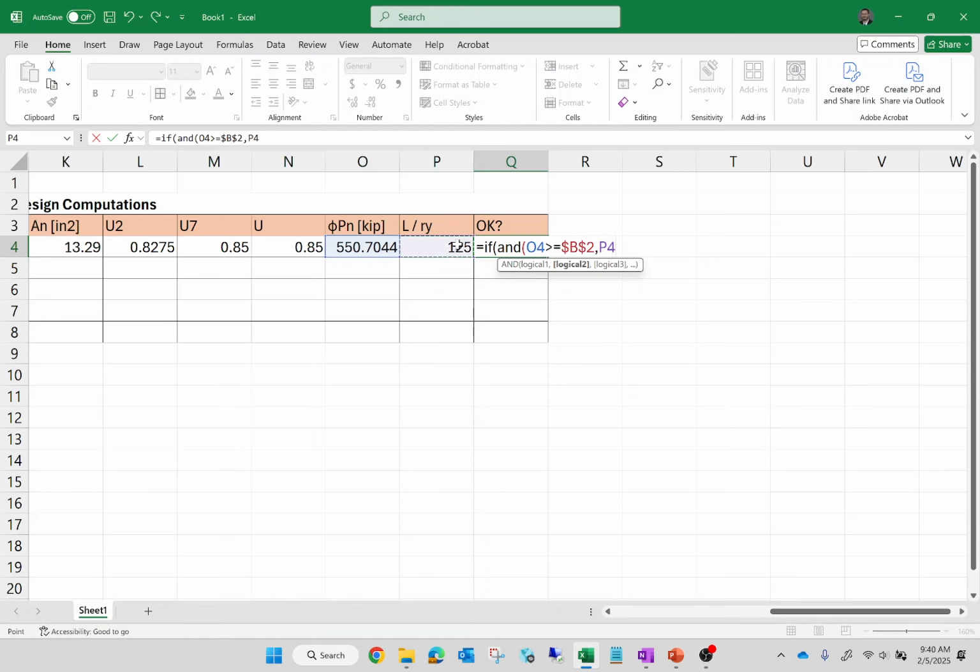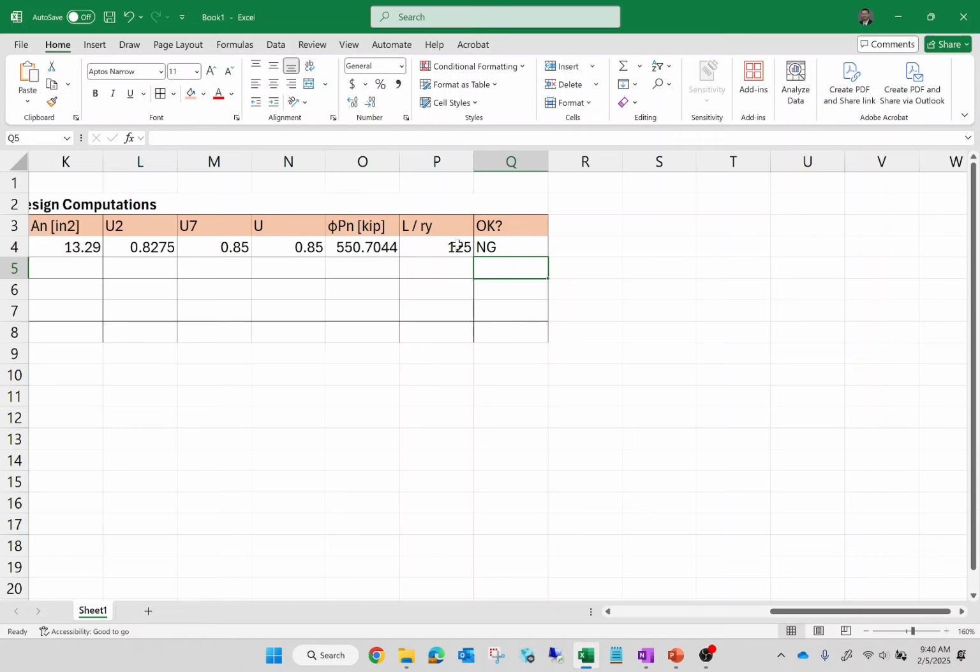And that less than or equal to 300, we get an OK or a no good. And that's exactly what we should get, is no good. By the way, there is in Excel an AND formula and an OR formula. So I use them both quite frequently.